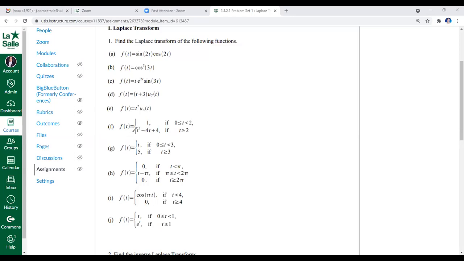You first convert this particular form of the function into this form wherein f of t is equal to, you copy the first value that it assumes, it's 1. And you could see the interval here is 0 to 2. Since it's 1, I will simply write here u of t minus 0 minus u of t minus 2.